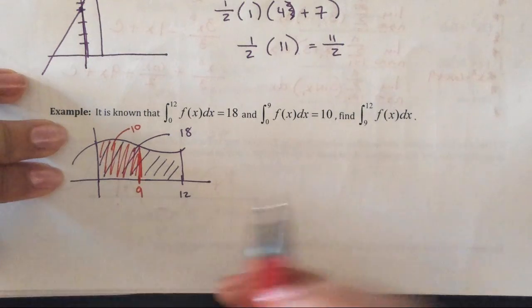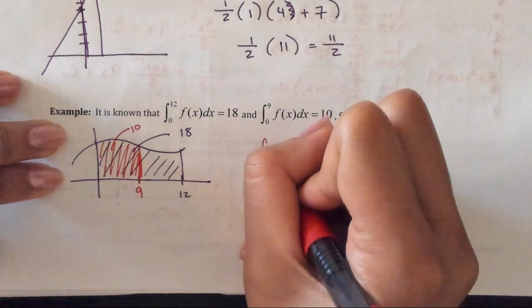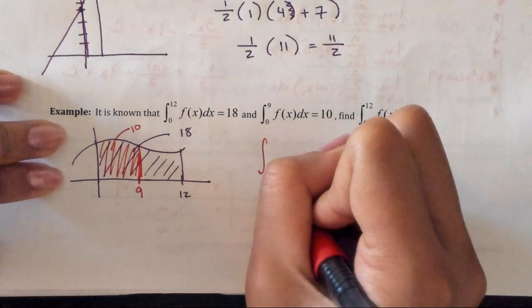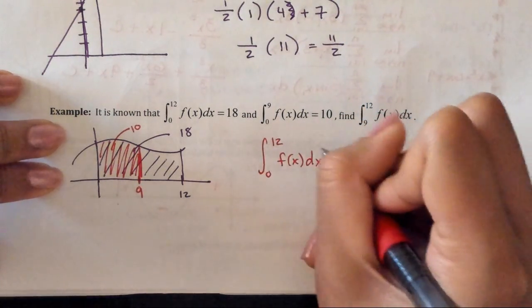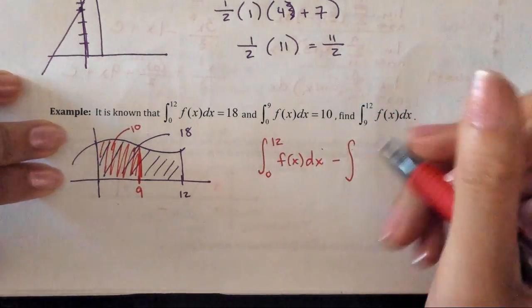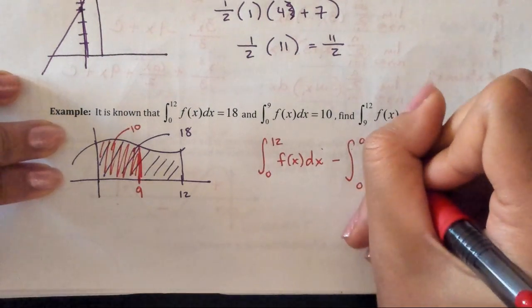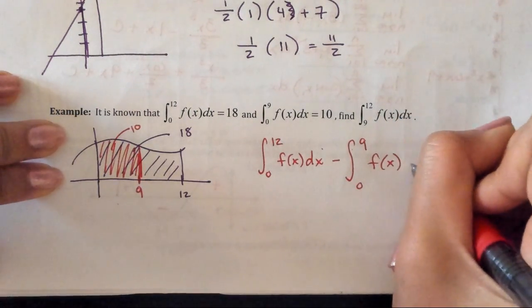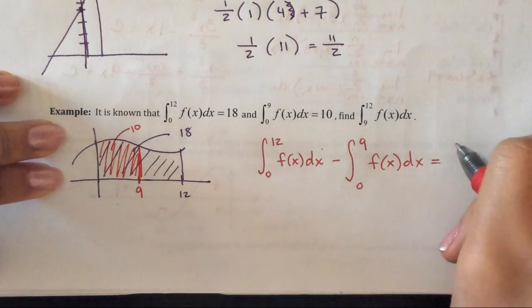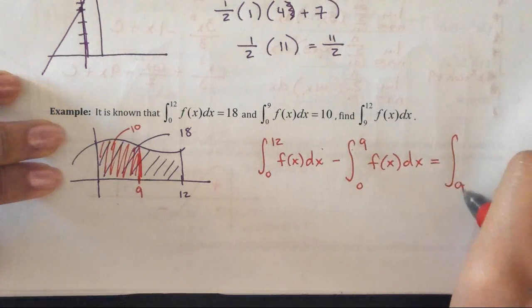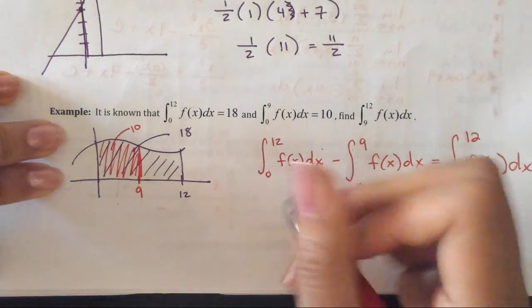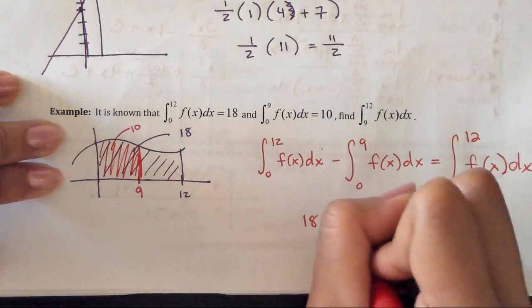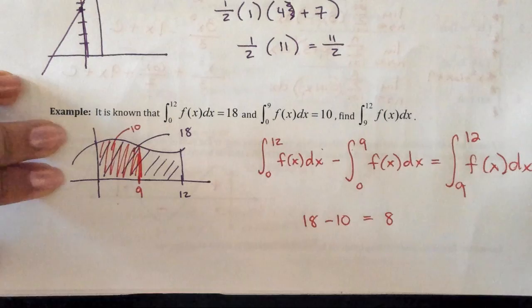Find the integral from 9 to 12. Well, all I do is the integral from 0 to 12 of f of x dx minus the integral from 0 to 9 of f of x dx, and that should give me the integral from 9 to 12 of f of x dx. So 18 minus 10 is 8.